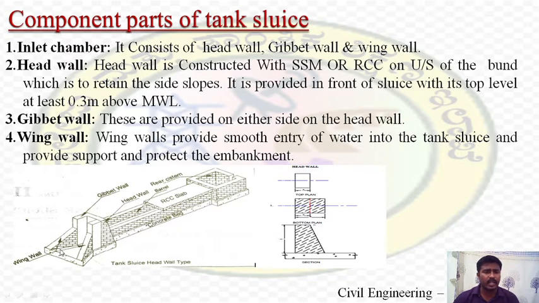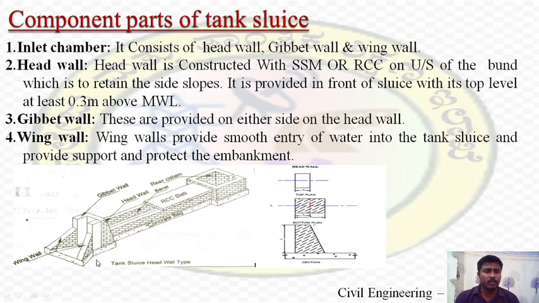Wing walls provide smooth entry of water into the tank sluice, and also provide support and protection to the embankment. Here there is an embankment, which should be protected and supported.